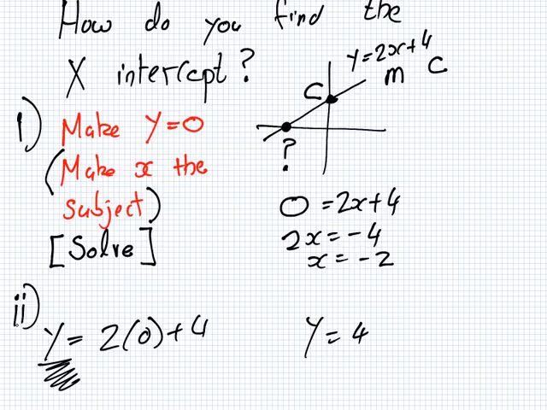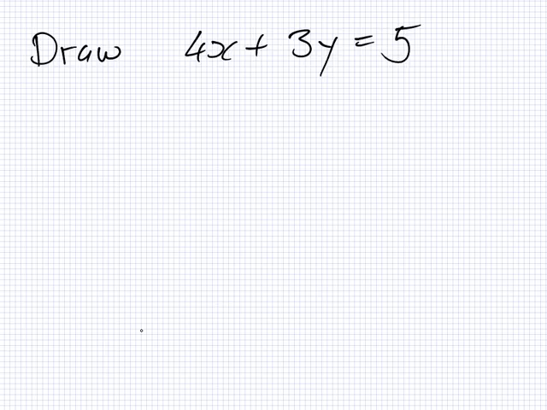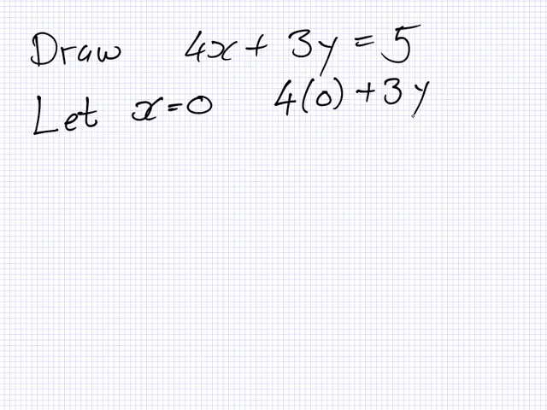Okay, so first let x equal 0. Then I get 4 times 0 plus 3y equals 5. So what is y? Now what's y? Just give me y. Minus 5 over 3. No minus.